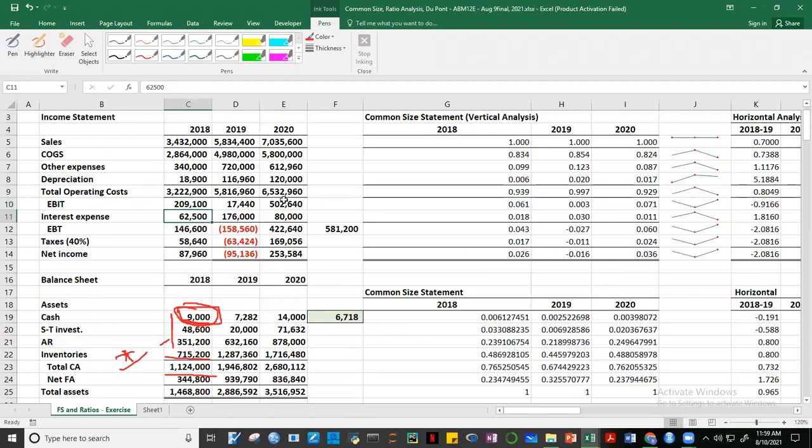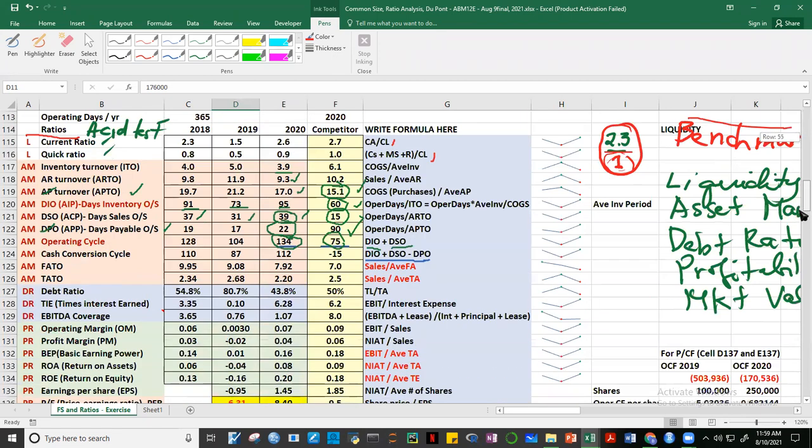Ganoon din kay 2020. So yung tie natin, guys, for 2018, 2019, 2020, problematic tayo dito sa 2019 because there is not sufficient EBIT to pay interest expense. No problem with 2018 and 2020. Okay, so we go to the ratios. Ito yung tie natin.